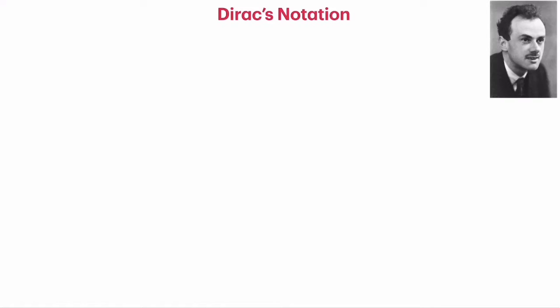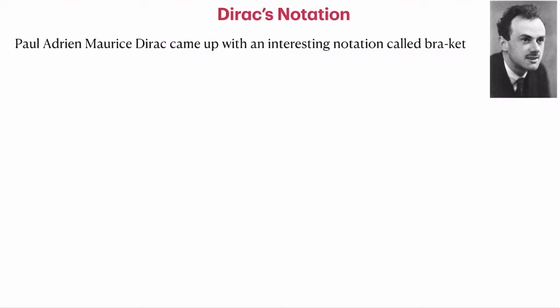So today we'll start with the new notation which was introduced by Dirac for representing vectors and dual vectors. Paul Adrien Maurice Dirac came up with the interesting notation called bra and ket notation.